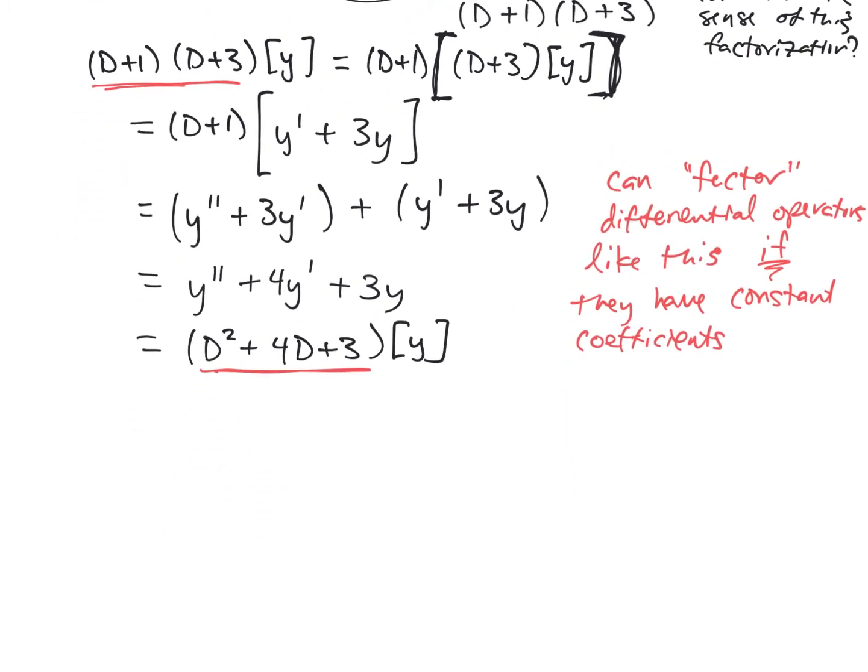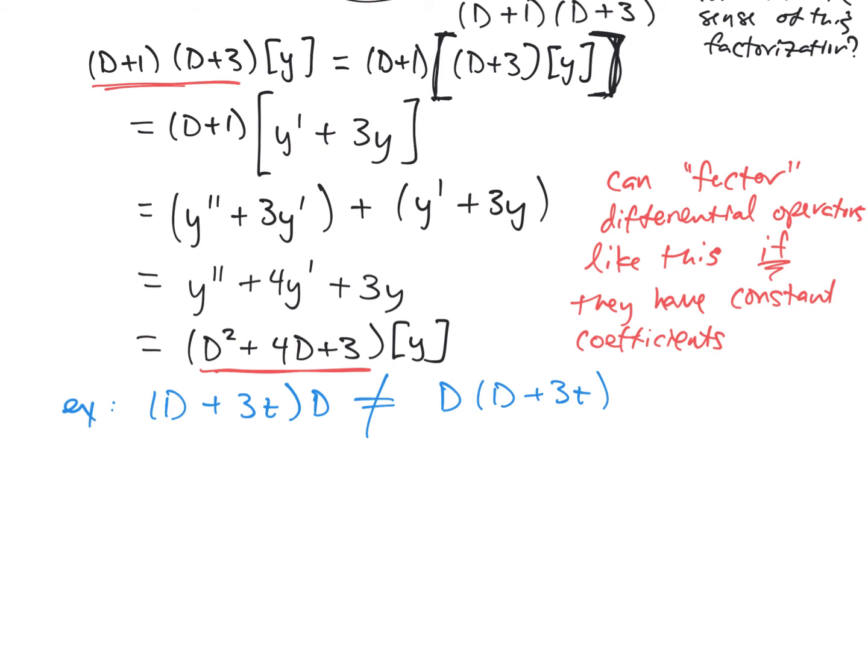So an example that I will leave to you as a reader, or you can read it in the book, is when you don't have constant coefficients, it doesn't necessarily work out. So D plus 3t times D is not equal to D times D plus 3t. And so you can't even commute them.